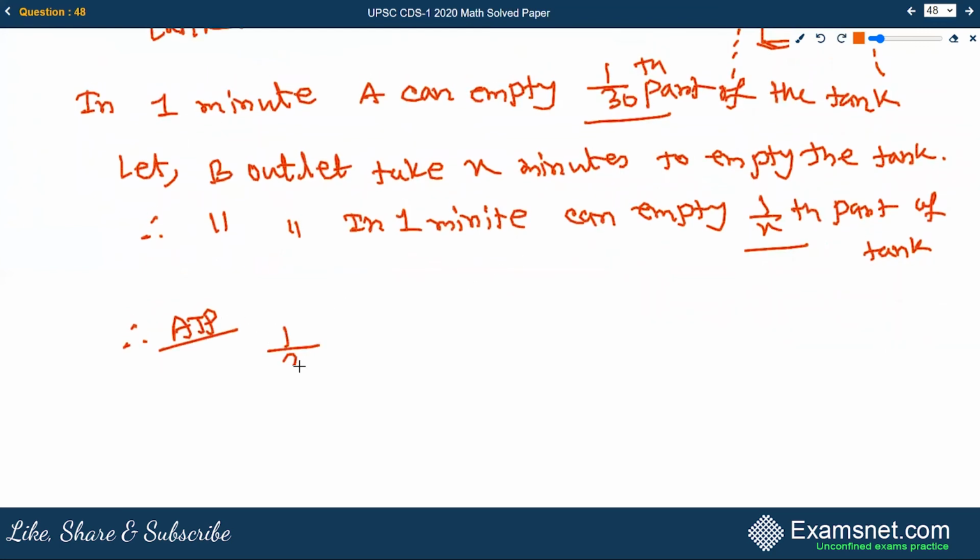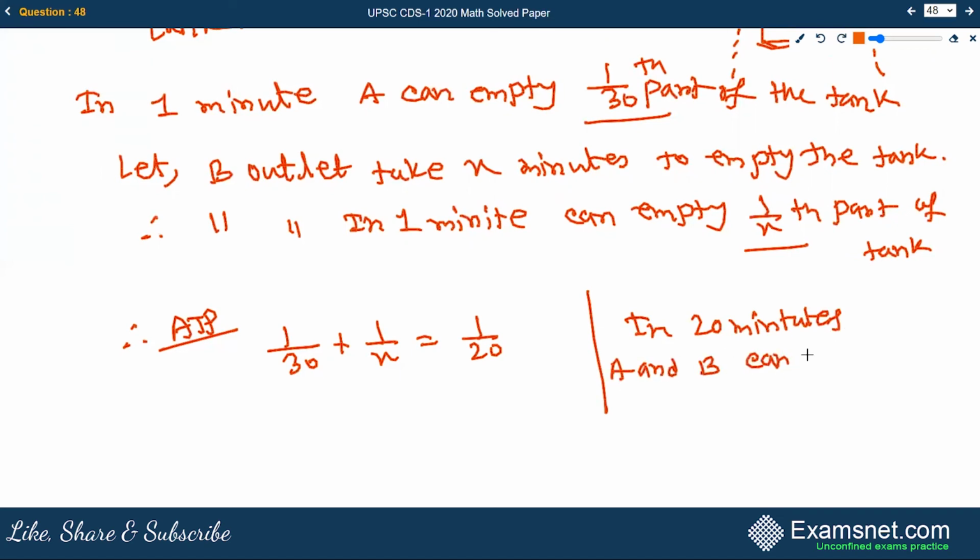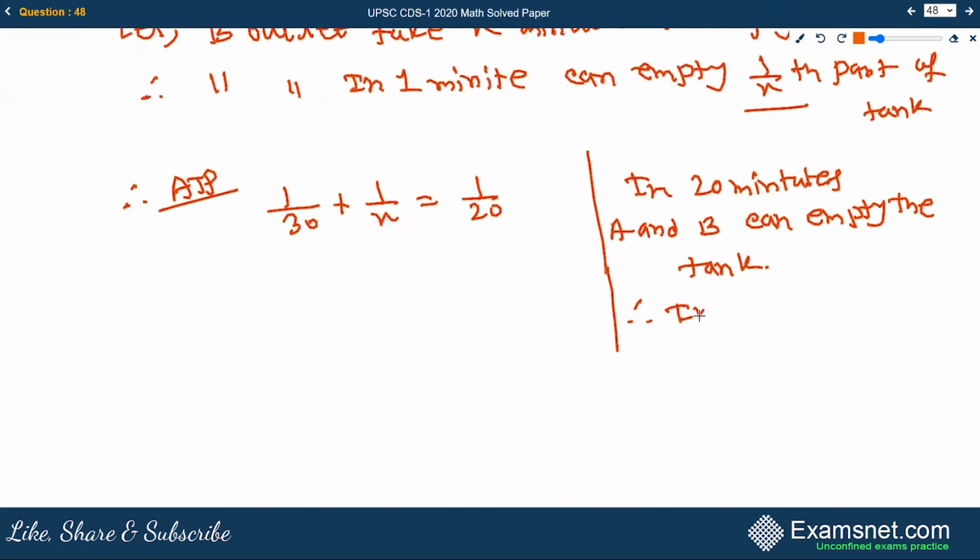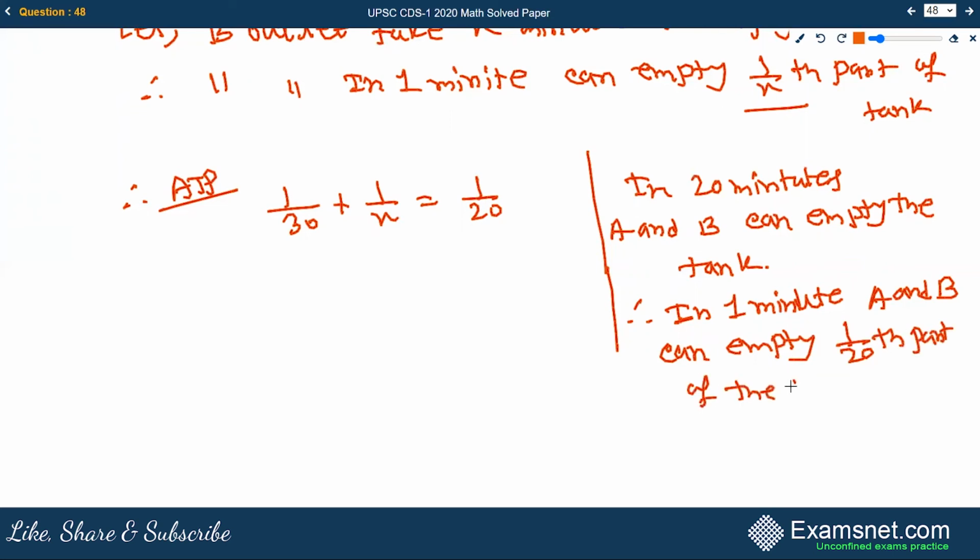So 1/30 plus 1/x equals 1/20, because A and B together can empty 1/20th part of the tank in 1 minute, right? So we have to solve this equation.